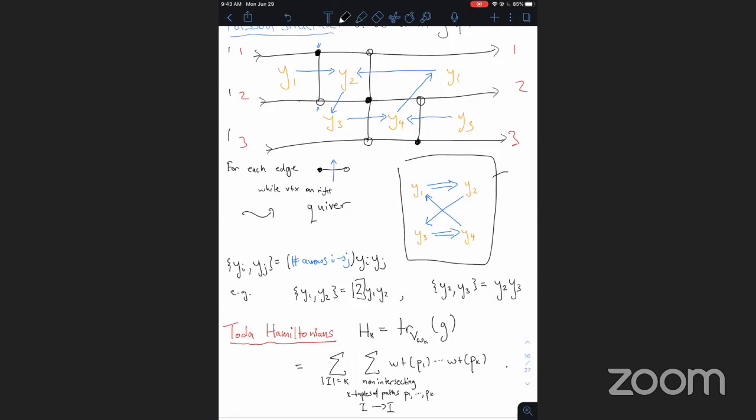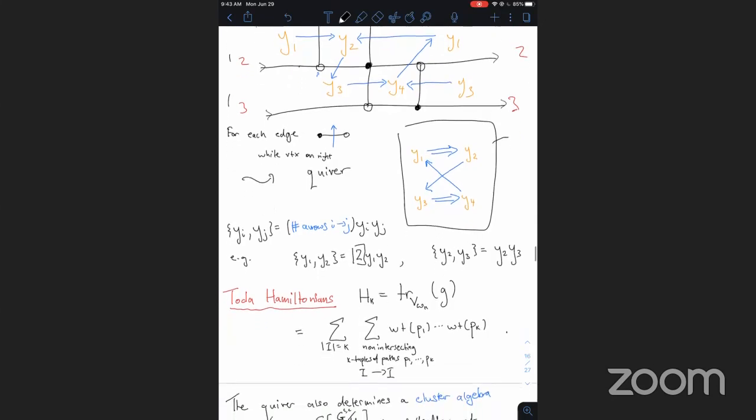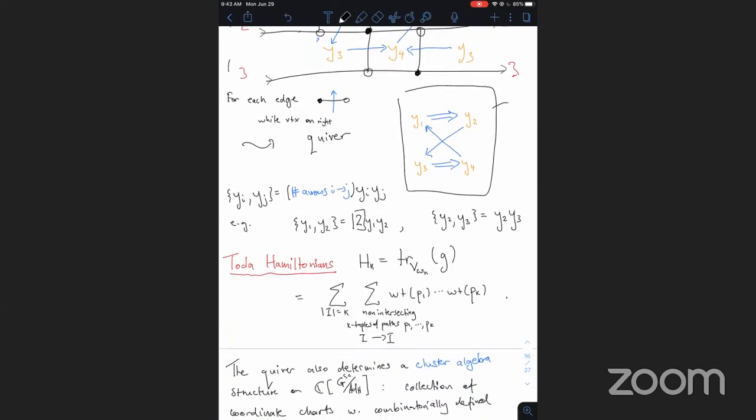Now we sum over all k-tuples of non-intersecting paths in the directed network that connect those i vertices with themselves on the other side after taking a trip around the cycle of the cylinder. And as the weight of one of these k-tuples of paths, we just take the product of the weights of all of the paths that are in the ensemble. Okay, and this, by the usual proof by involution reasoning, will compute the trace of the original matrix in this case, fundamental representation.